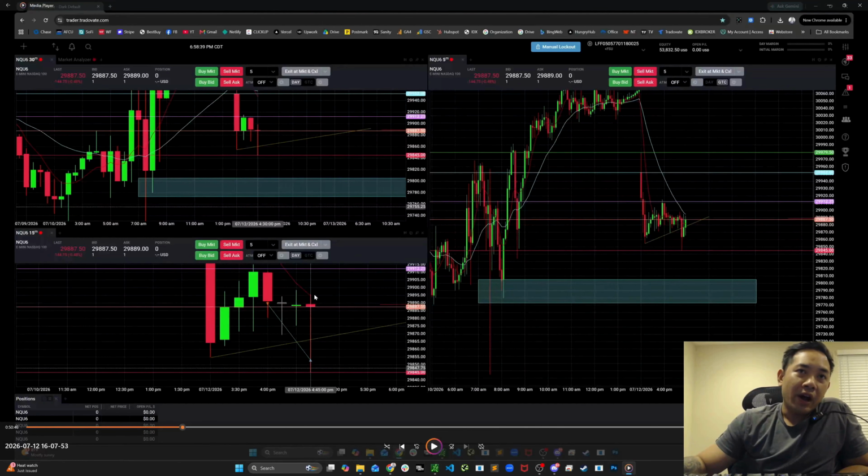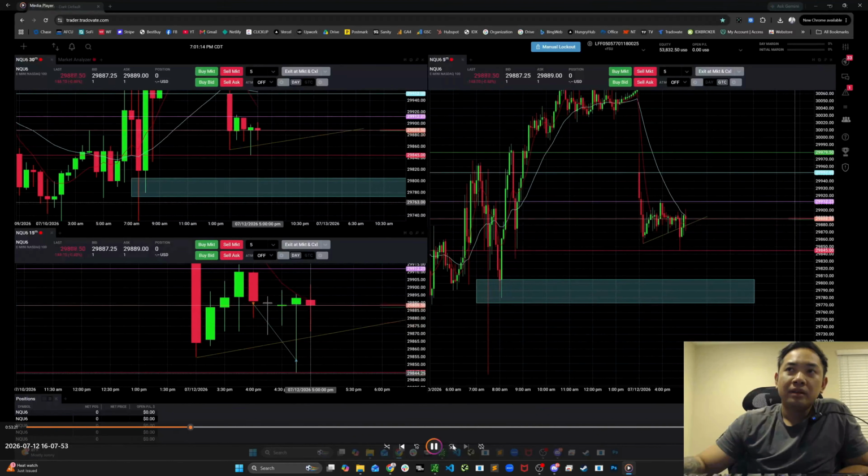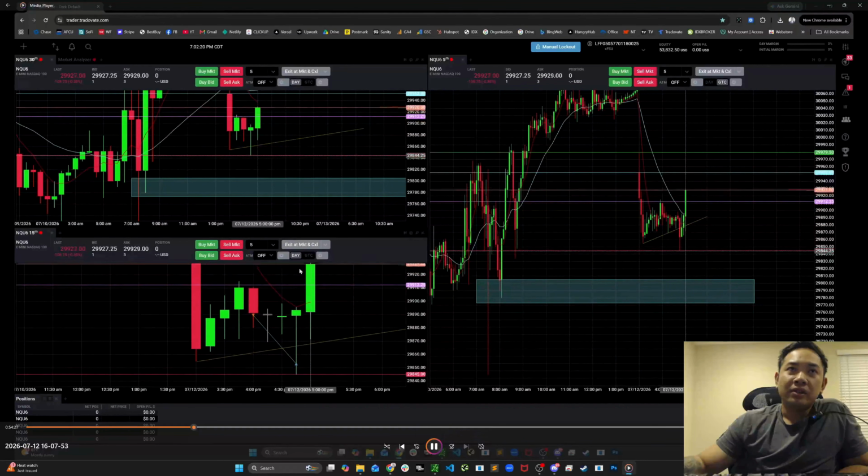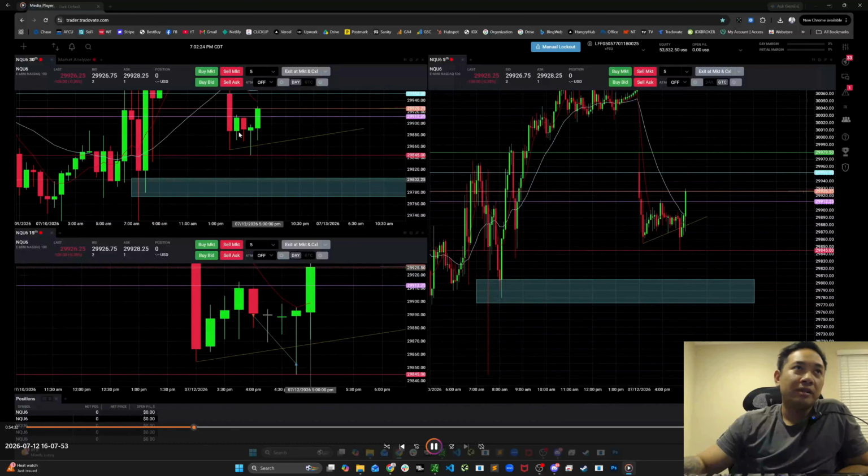Oh, and look at how the 15-minute candle wicked and tapped that 9 moving average. And now we're forming a really large bottom wick. So potentially we'll see a move up, and yes, it does. There we go. So now this just keeps grinding on up.